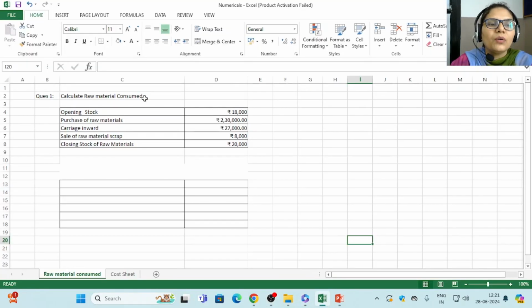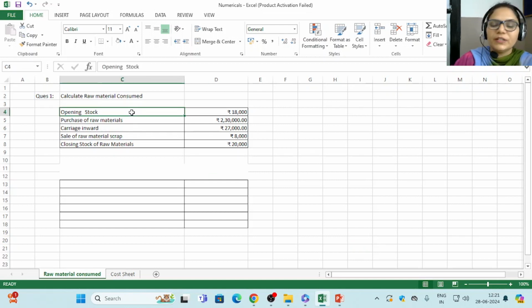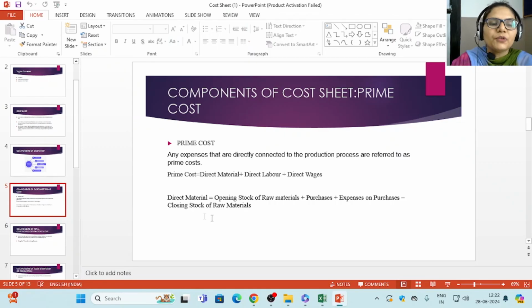Calculate the raw material consumed. In this question, they are asking you to calculate the cost of raw material consumed. They have given you opening stock, purchase of raw material, carriage inward, sale of raw material, and closing stock of raw materials. Going back to the previous session, I have told you that whenever you have to calculate the raw material consumed or direct material cost, you have to apply this formula.